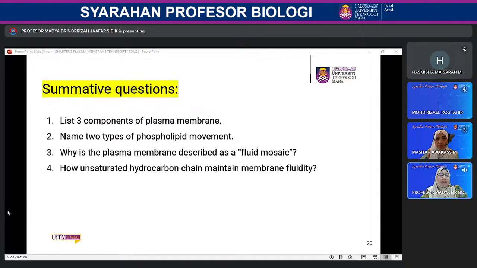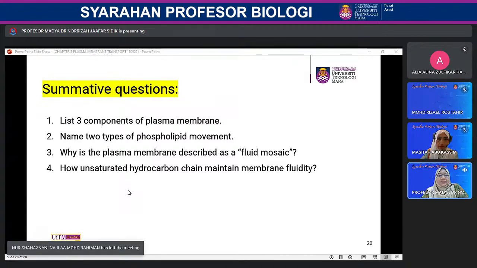How does an unsaturated hydrocarbon chain maintain the membrane fluidity? Remember, where can you find the unsaturated hydrocarbon chain? The straight tail of the phospholipid or the bent tail of the phospholipid? Bent tail. Yes, good, bent tails, right? So how do they maintain membrane fluidity? The proportion, the ratio of unsaturated hydrocarbon will be increased.